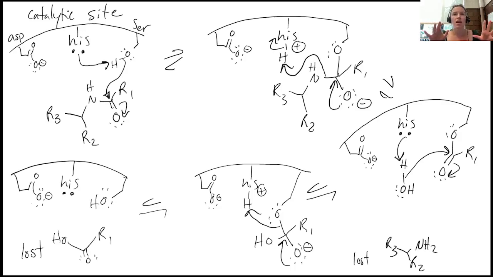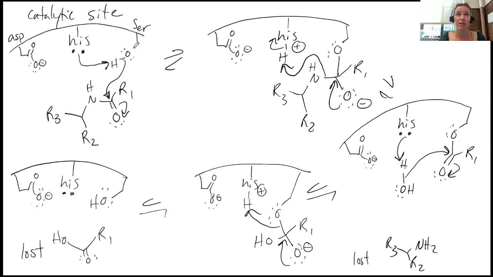So this is the mechanism for a serine protease, folks. We saw acid and base catalysis. We saw that histidine was performing the role of both a base catalyst, grabbing protons either from serine or from the water that performs the hydrolysis, and also performing some acid catalysis by donating a proton to make a better leaving group in the first half and in the second half of the mechanism.